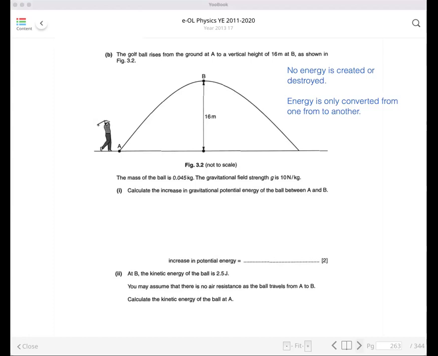Very good. Let me just give you the formula. PE equal to mgh. And then you just sub in everything inside, you should get 7.2 joule.